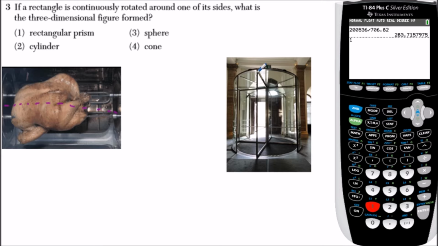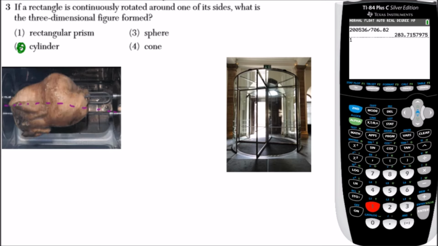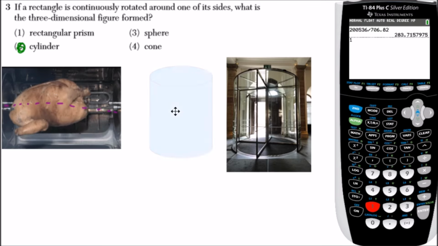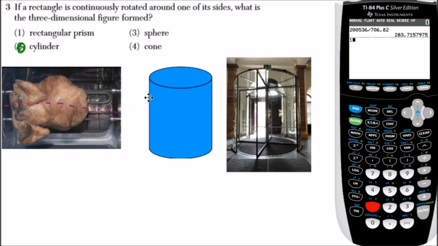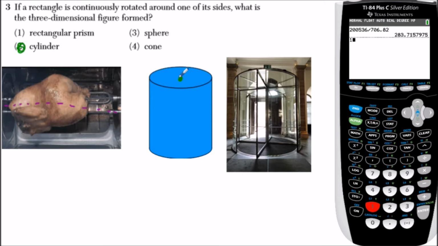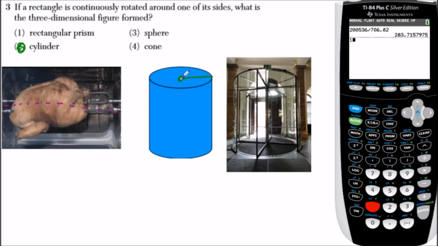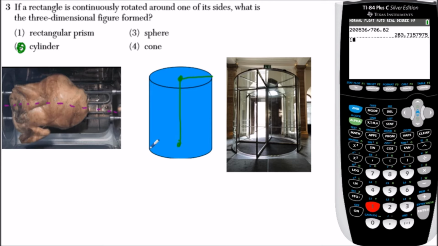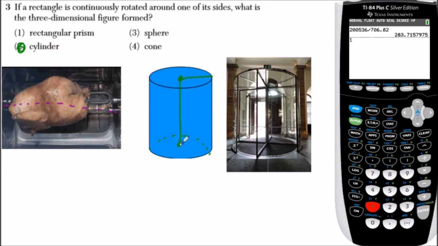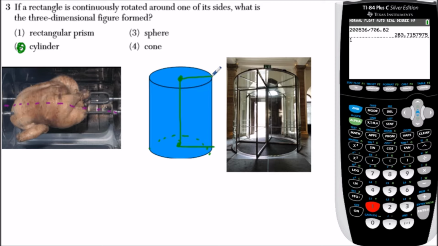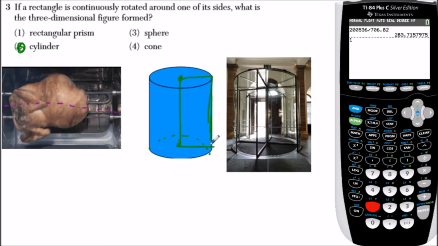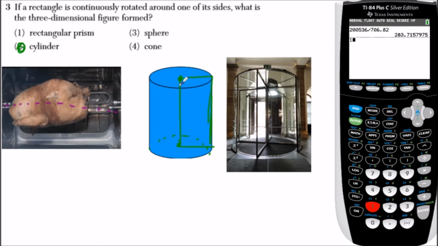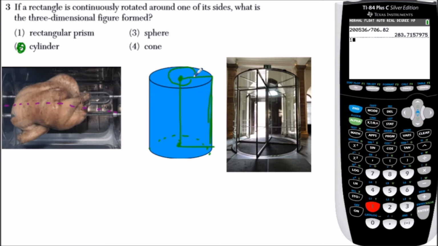And the shape is actually going to be a cylinder. So if you want to see the geometry behind it, here's a cylinder. And if we were to look at one of the cross sections here, so if we were to look all the way through the cylinder, if I take a cross section this way, we have a rectangle, and as it rotates, it's going to form a cylinder.